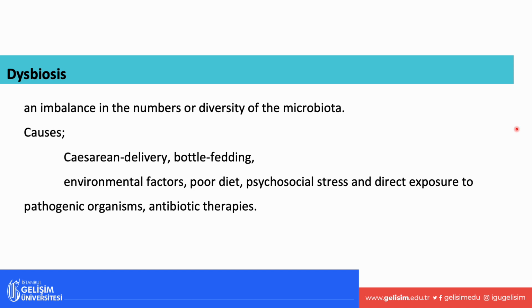In humans, for example, one cause could be a woman who's undergone a cesarean section, or C-section, to deliver the baby, bottle feeding, environmental factors, a poor diet, psychosocial stress, direct exposure to pathogenic organisms, as well as antibiotic therapies. So dysbiosis can have a negative effect on your health, including the risks of infection, inflammation, as well as other diseases.